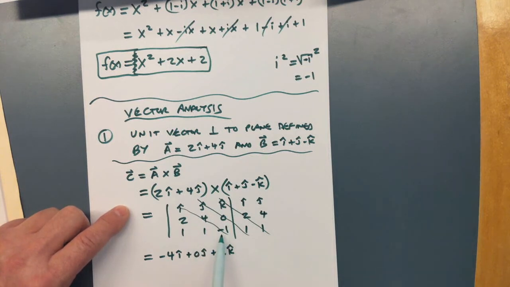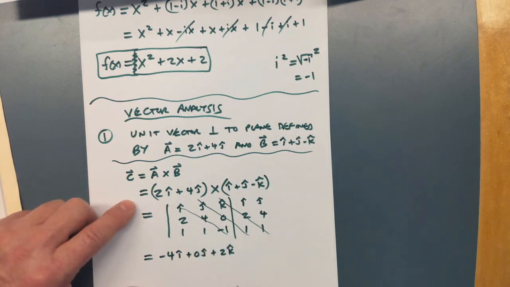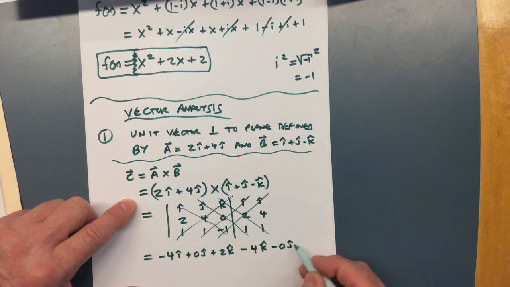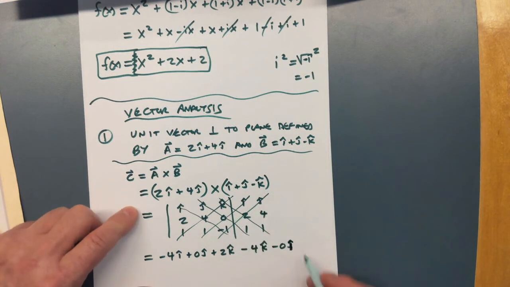The 4 times the minus 1. Yeah. And then I'm going to go in the other direction with these diagonals and with minus signs. So minus 4 times 1, which is 4k, minus 0j, I'm sorry, i, and minus a 2 times a minus 1, so that's plus 2j.